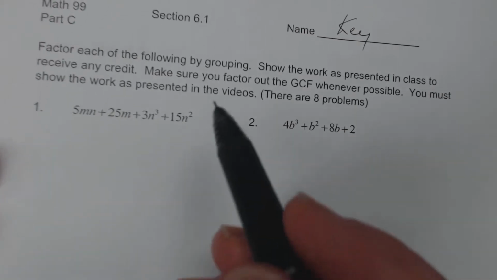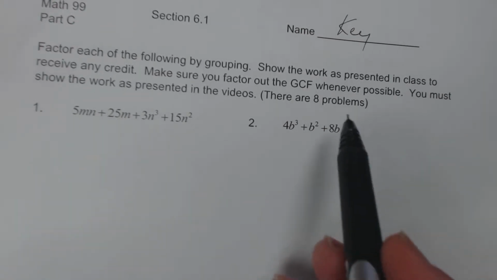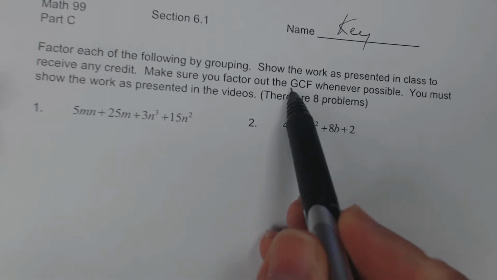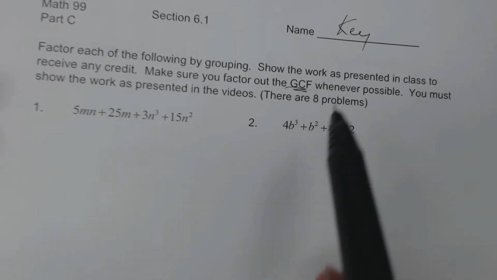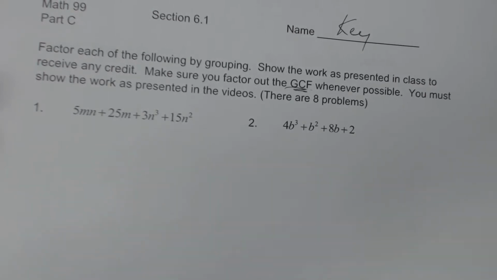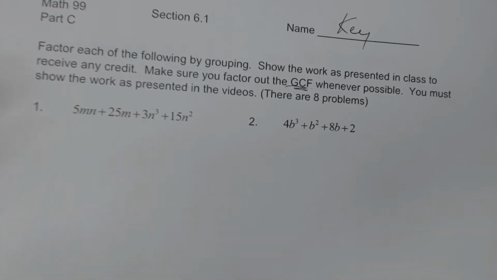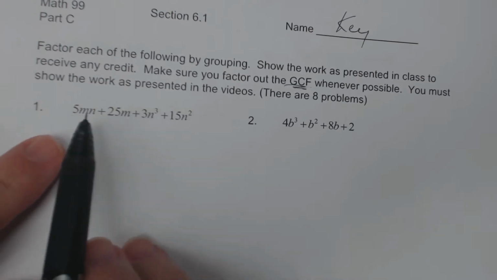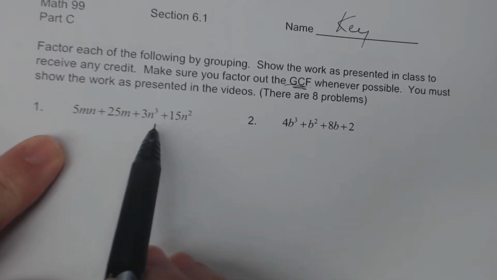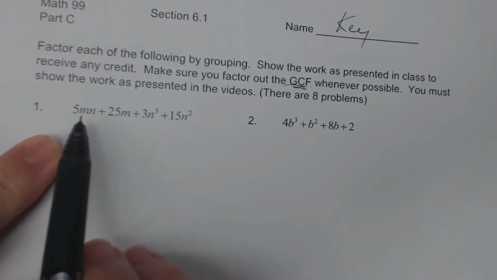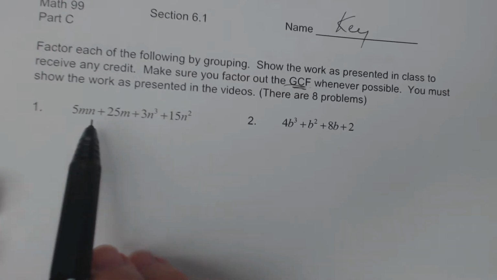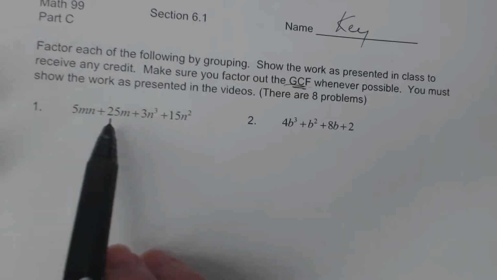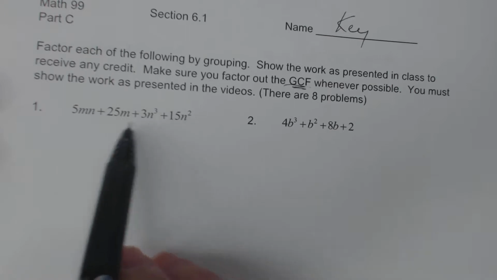So basically, again, the first thing you have to do is make sure you look for a GCF of each term of each polynomial first, just like you've done in the previous worksheet. All right. In this particular case, if you look at all 4 terms, the GCF is 1. Once you've found the GCF, if it was something other than 1, you would factor it out.